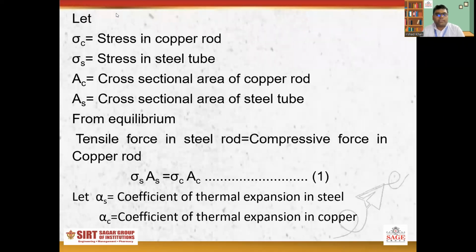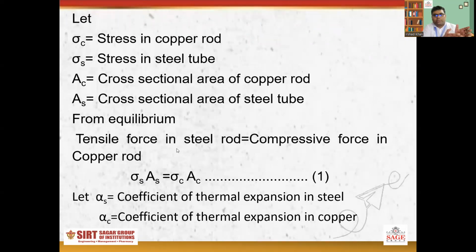So let's assume sigma C is the stress in the copper rod and sigma S is the stress in the steel one, and AC is the cross-sectional area of the copper rod, and AS is the cross-sectional area of steel. For the equilibrium condition, the tensile force in the steel rod equals the compressive force in the copper.